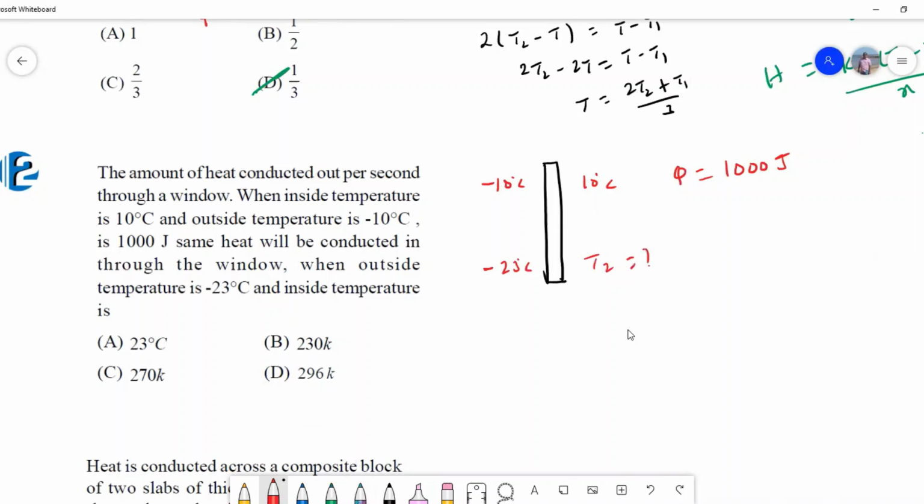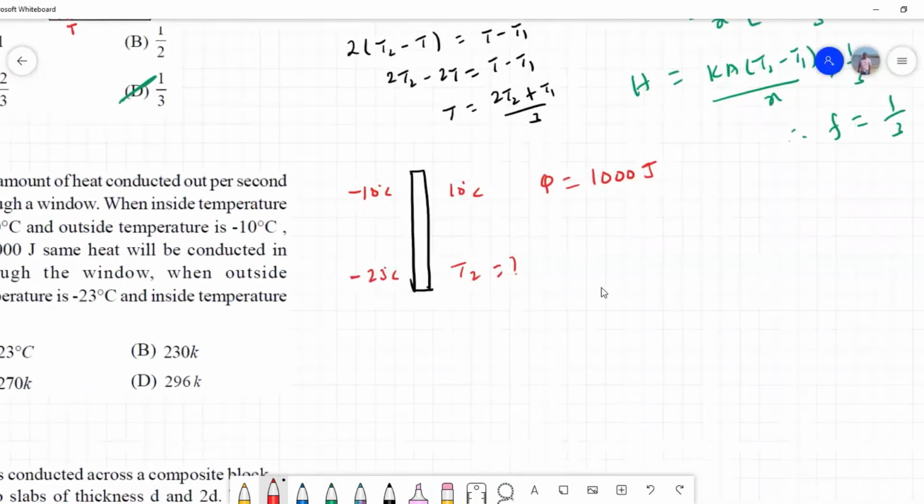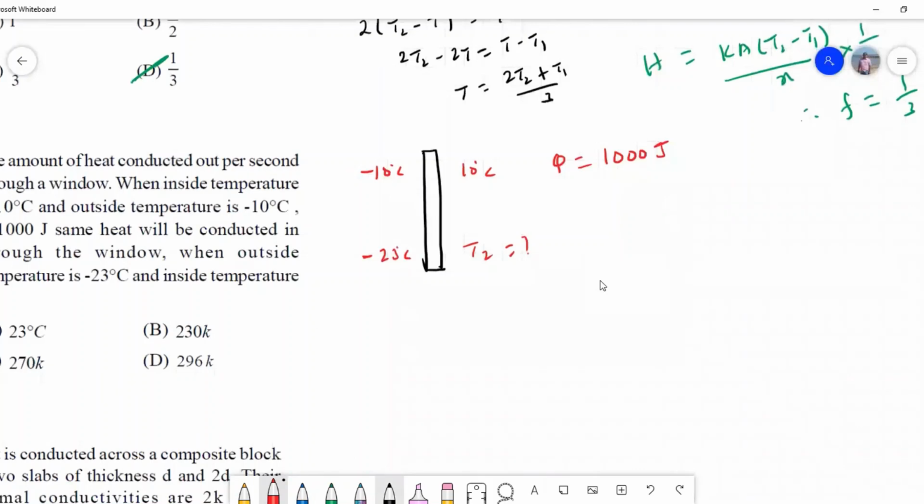That's the question given. So simply we can equate the heat conduction. The Q is the same. So I can write KA into, for the first one, the temperature difference, which is 10 minus of minus 10, that is 10 plus 10, whole upon L. We can take the same time for both.